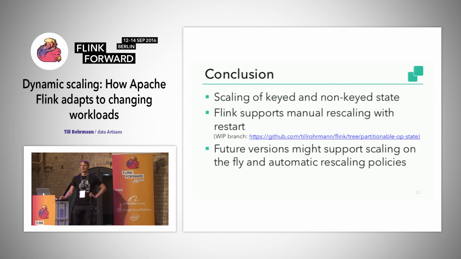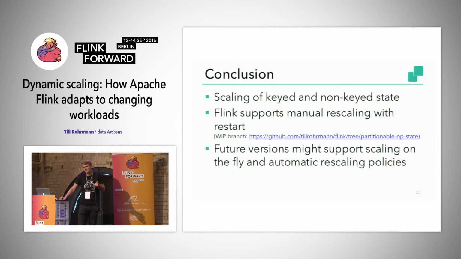Okay. How we manage that at the moment, we don't do it automatically, because as I've said, the scaling happens manually. So at the moment you would have to have a script in place which does it probably.